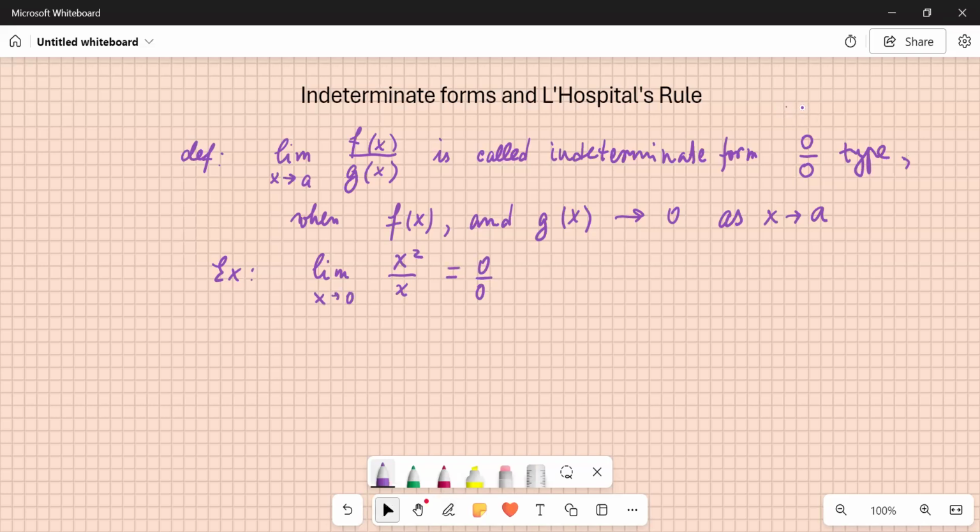Well, if we look at this limit from the position of knowledge we already have, we simplify it, we get x as x approaches 0, and when x approaches 0, x approaches 0. So this limit is equal to 0.